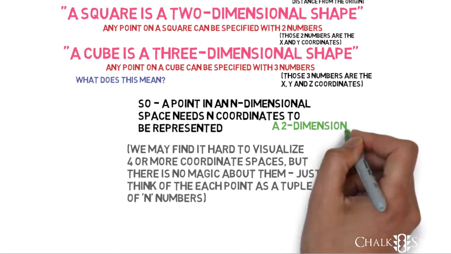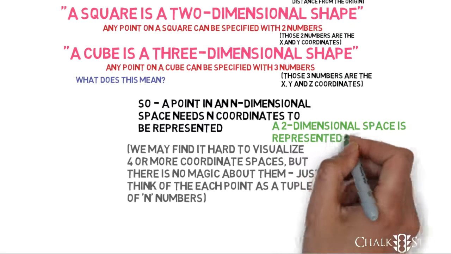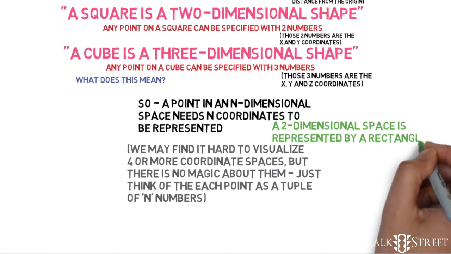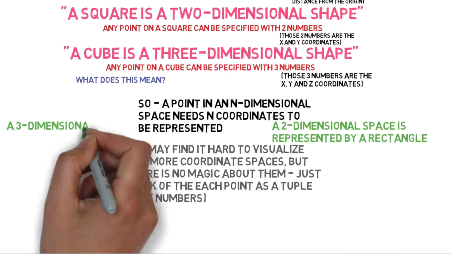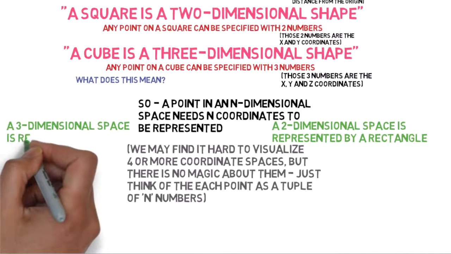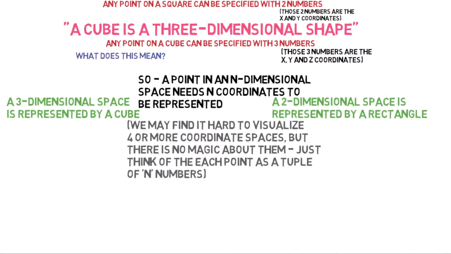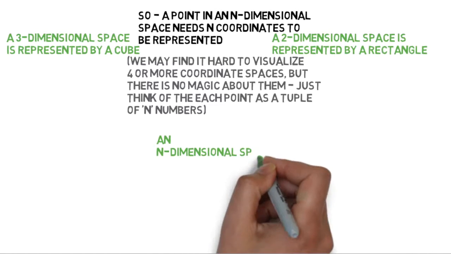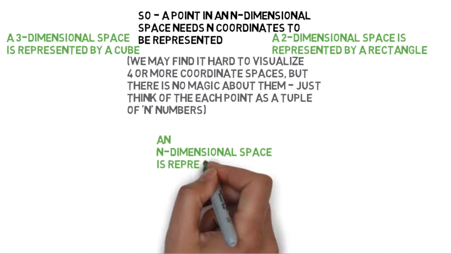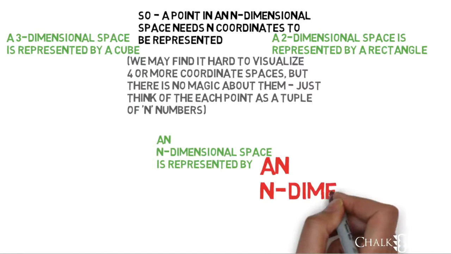So we've talked about points in n-dimensional space. What about shapes in n-dimensional space? A two-dimensional space is represented by a rectangle. A three-dimensional space is represented by a cube. So what is the shape in n-dimensional space? An n-dimensional space is represented by an n-dimensional hypercube.